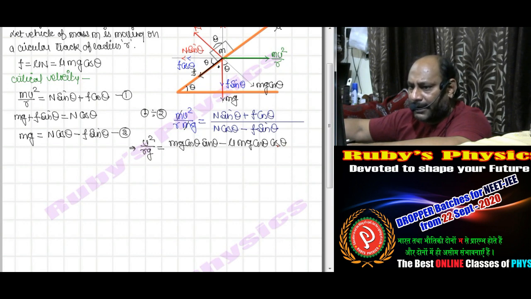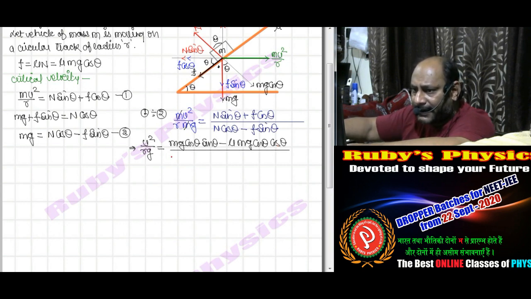And if I divide and again put the values, can I write the value N is mg cos theta, and cos theta is there, and it is plus, in the denominator it is minus, f is mu mg cos theta with a sin theta.